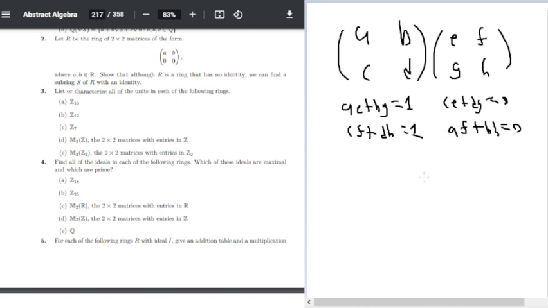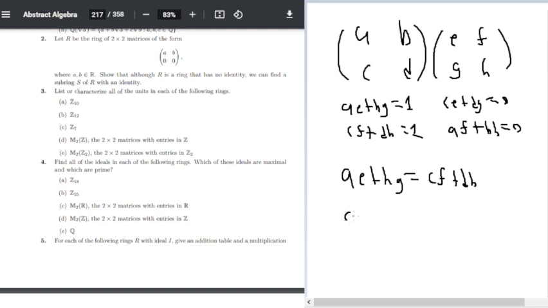Can we use any identities over these? So we have AE plus BG is equal as well to CF plus DH. Huh, that is weird, right? Because they're both equal to 1.